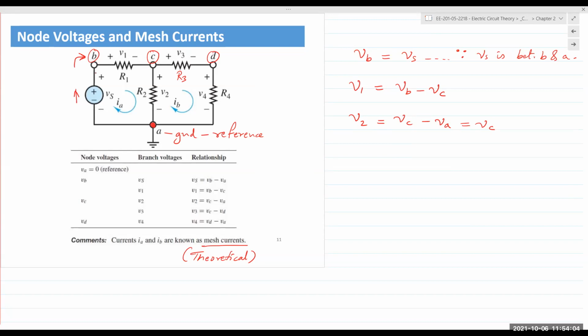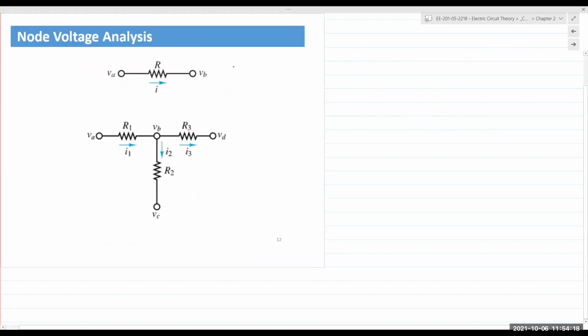Okay, so this table basically lists the relationships between the resistor voltages in terms of the node voltages. And how are we going to use these? Well, in this circuit right here, we have one single resistor which has current I flowing from left to right, and we have node voltages A and B, VA and VB.